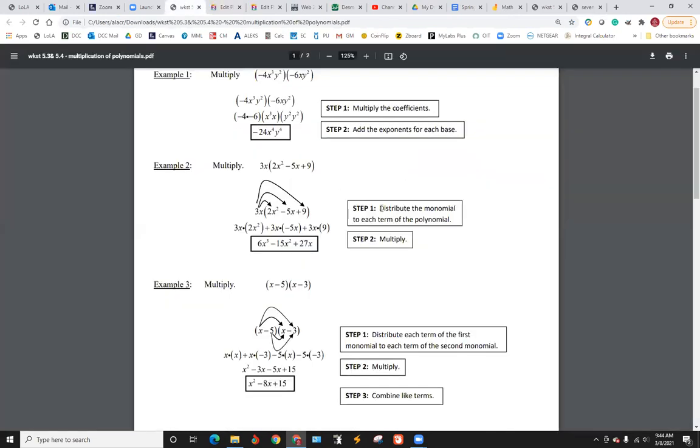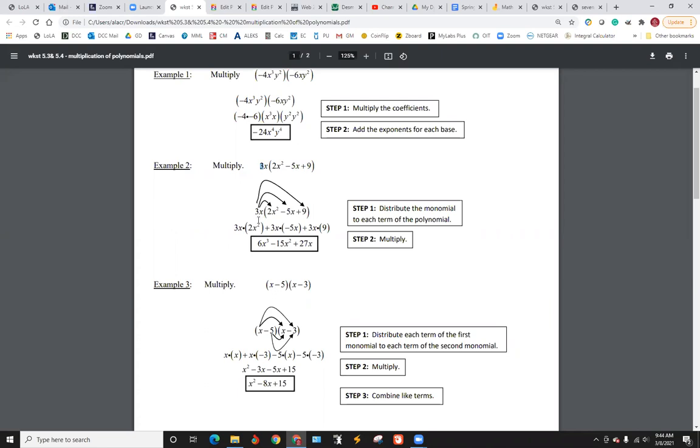All right, now we're multiplying a monomial, that 3x, that's 3x right there, times 2x squared minus 5x plus 9.